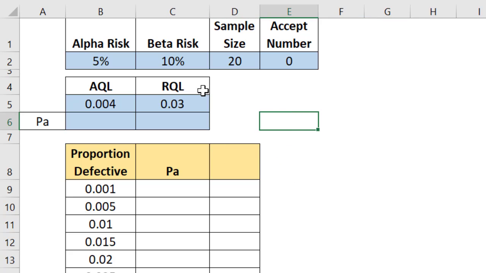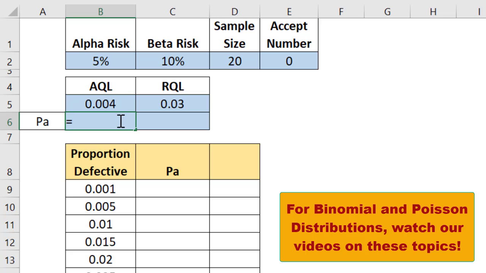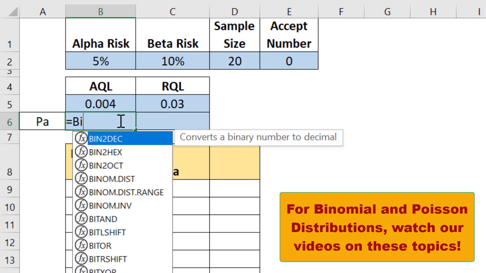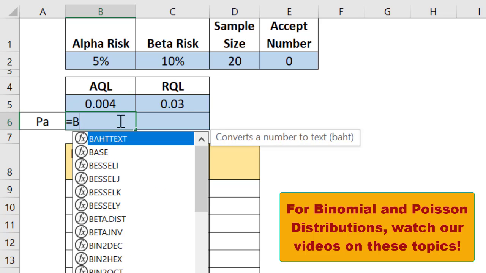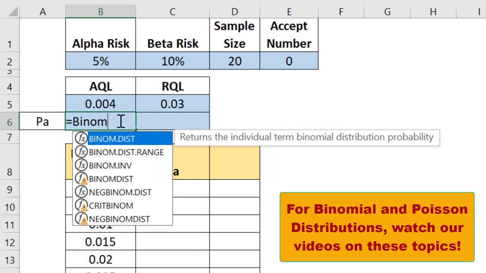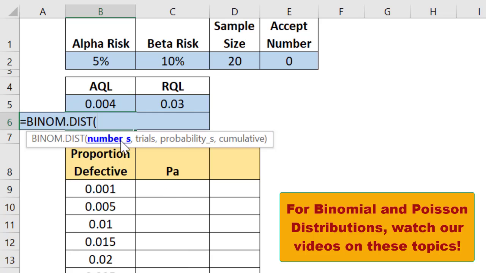So let us say that we first calculate the probability of acceptance at AQL, and for that we will use binomial distribution. You could use other distributions as well. The illustration is with binomial distribution. So I use binom.dist. The number of successes is 0.